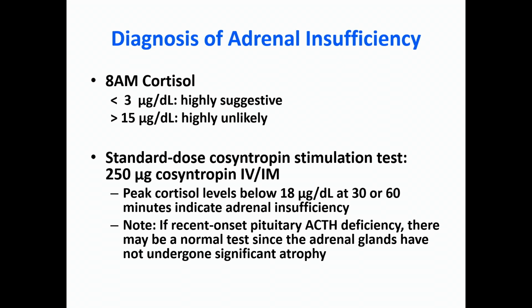With that, you would check a baseline cortisol and give the cosyntropin IV or IM, and then check cortisol levels at 30 or 60 minutes. A value of over 18 excludes adrenal insufficiency. The one caveat, and this is more for pituitary patients, is if they had new onset pituitary ACTH deficiency, they might still have a normal stimulation study since their adrenal glands have not undergone atrophy yet.